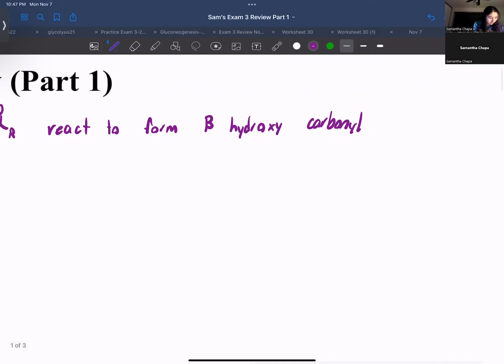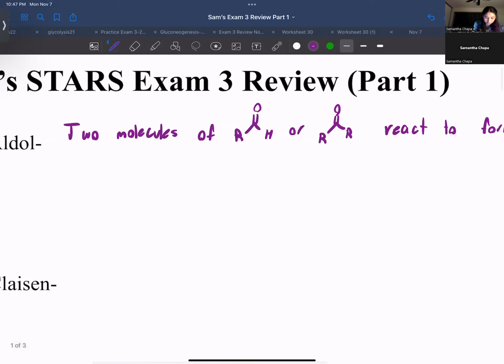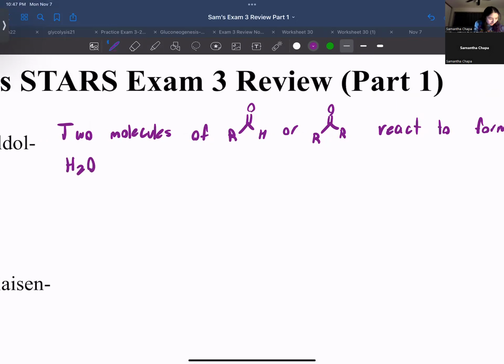And then it loses H2O to form an alpha beta unsaturated carbonyl.